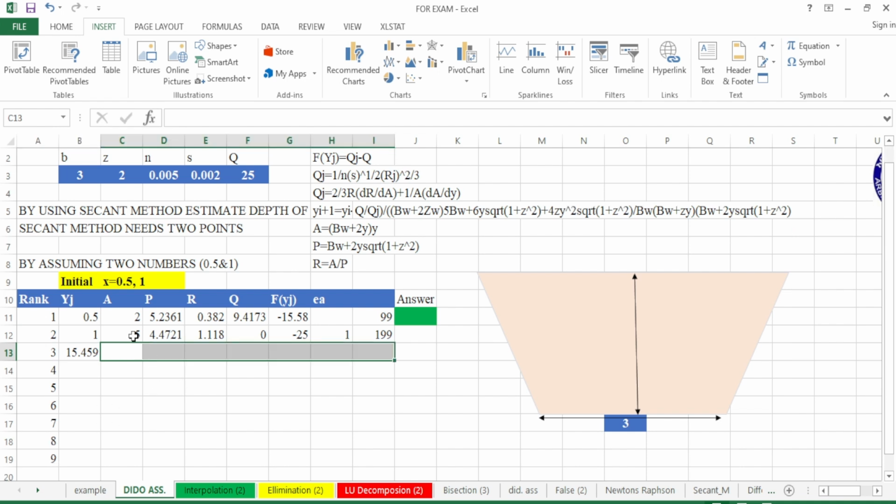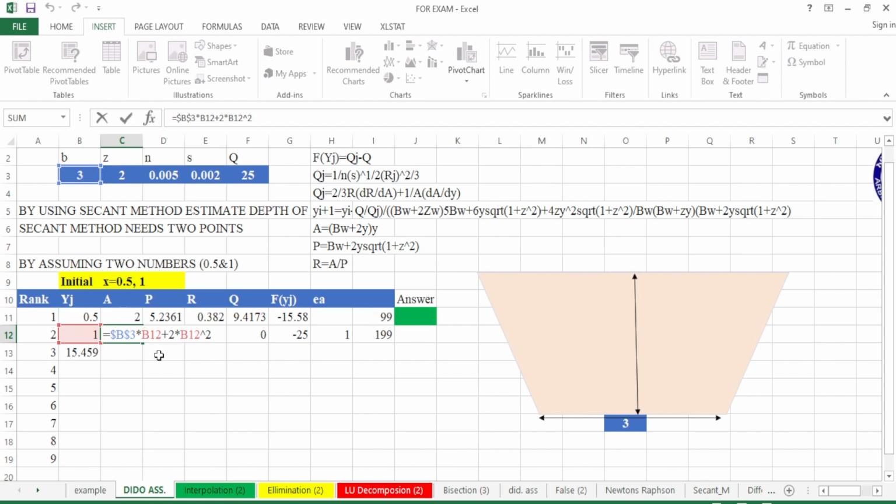Let me check the area and perimeter here. The base width is the same, and also the base width is the same here. So you have to use the dollar sign here.